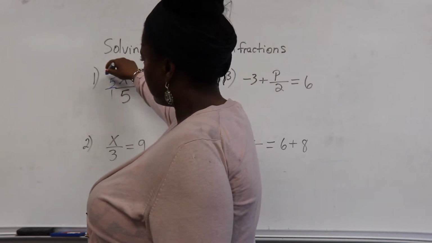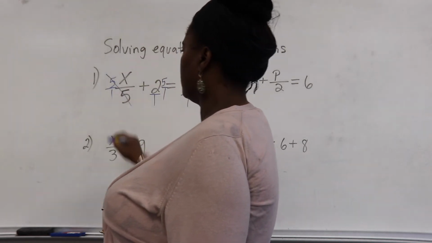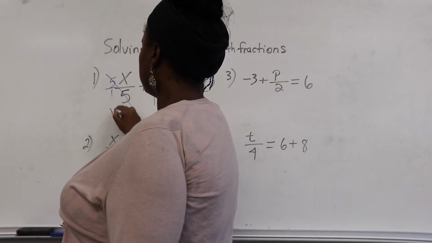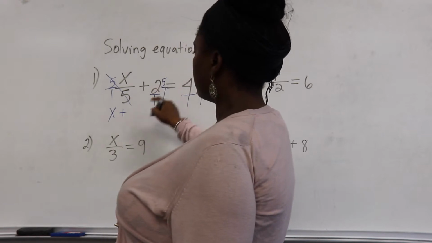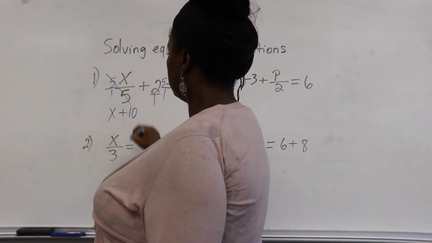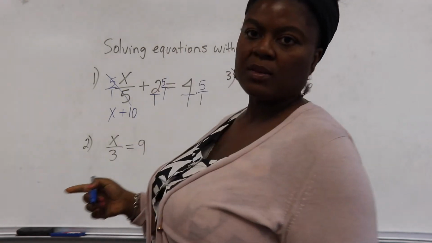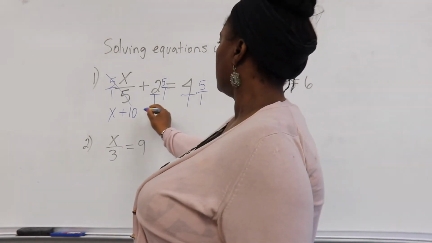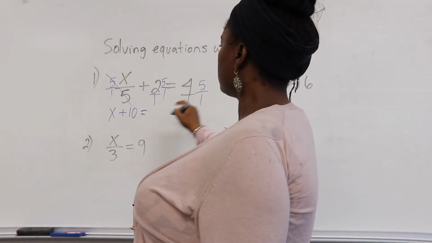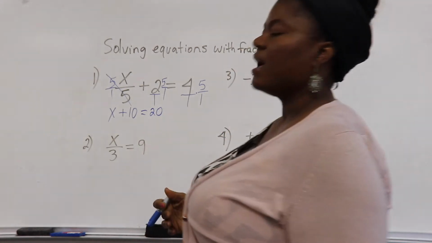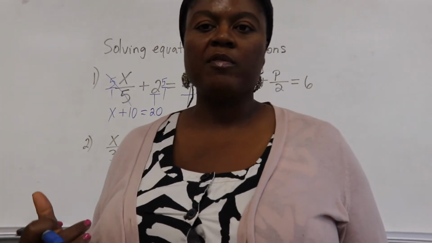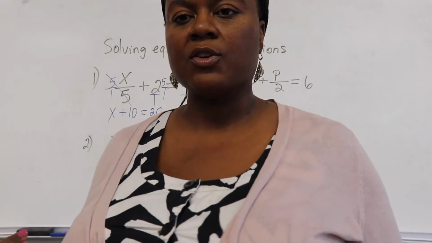5 divided by 5 becomes a 1. So we just have our x plus 2 times 5 is 10. We don't need to write the ones, okay? Equals 4 times 5 is 20. Okay? We have one more step for this. Remember, we've been practicing combining like terms.